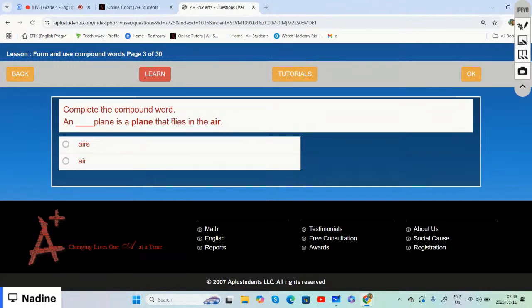Well done. And do we say an plane or an airplane is a plane that flies in the air? So we need to choose a complete compound word.